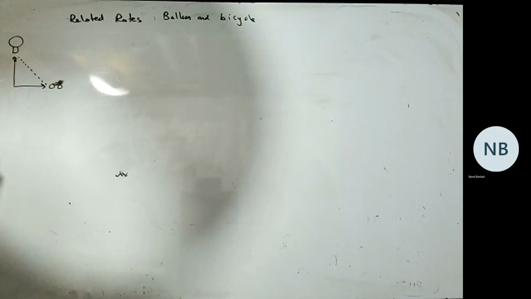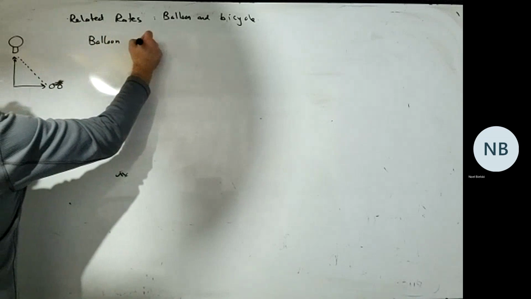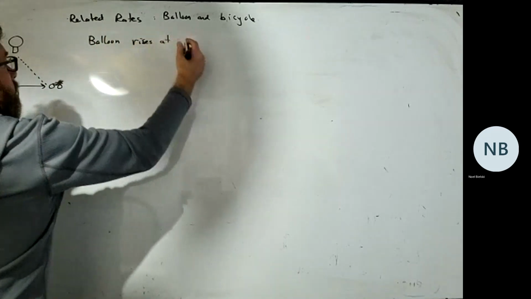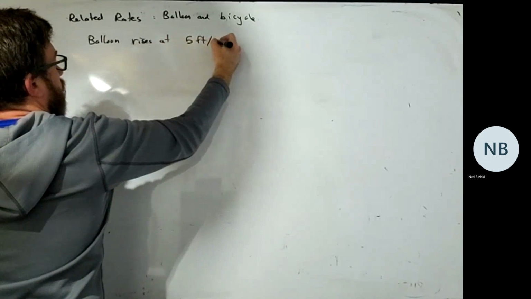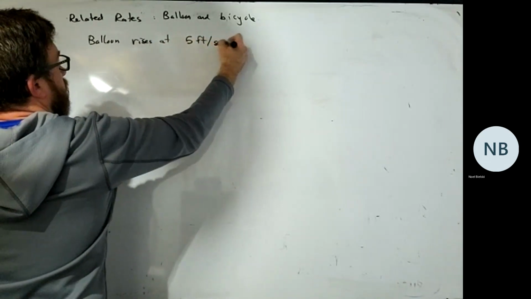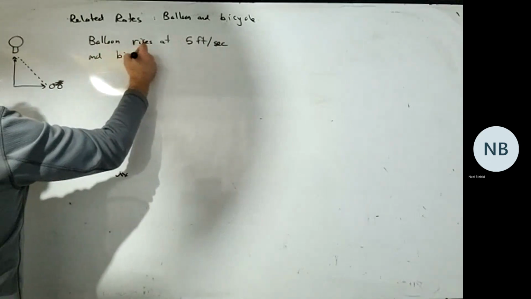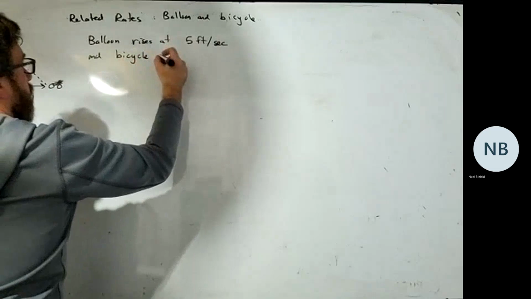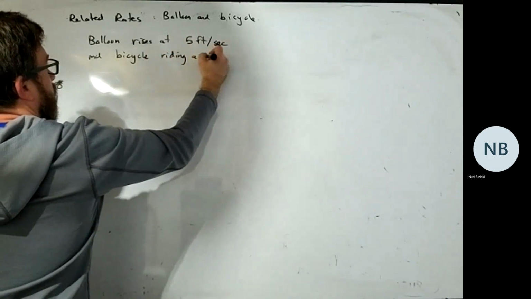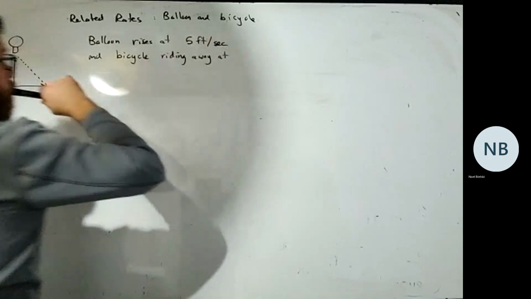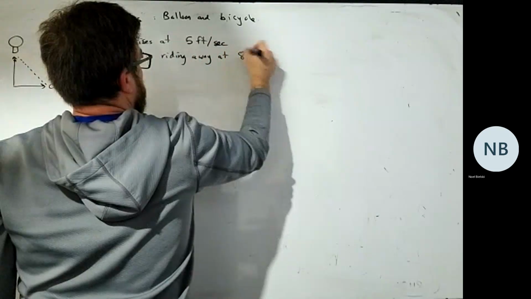So let's say the balloon rises at, say, 5 feet per second, and the bicycle is riding away at 6 feet per second.